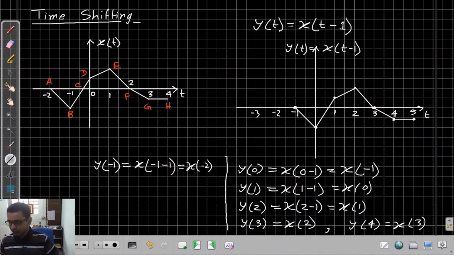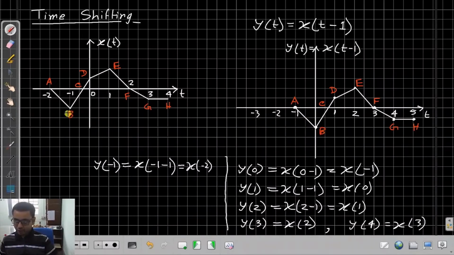If I label these points as A, B, C, D, E, F, G, and H, you can clearly see that this graph is shifted towards the right by 1 unit.